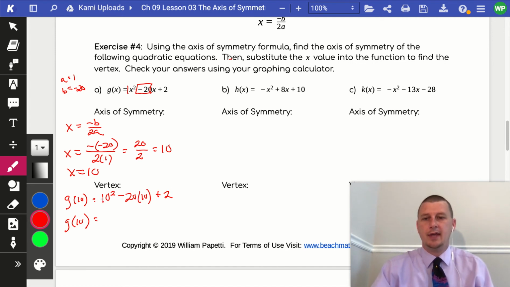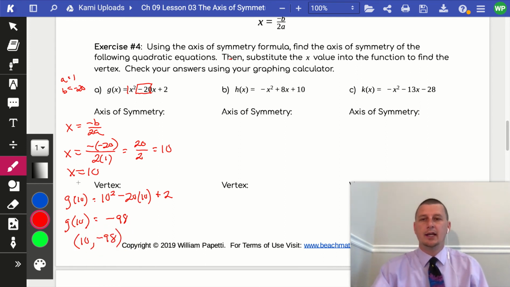And if you go ahead and do that, you get negative 100 plus 2 is negative 98. So your vertex is going to occur at 10, negative 98. And if you go ahead and put this in your graphing calculator, you will see that the vertex is in fact 10, negative 98.